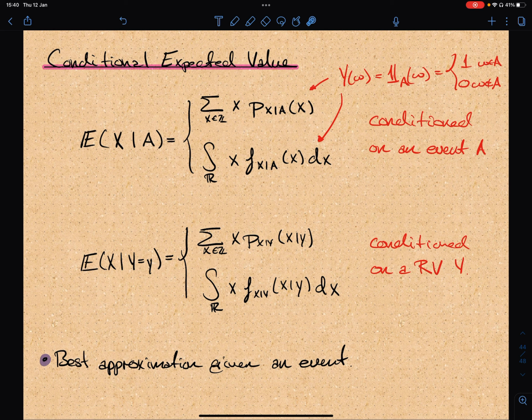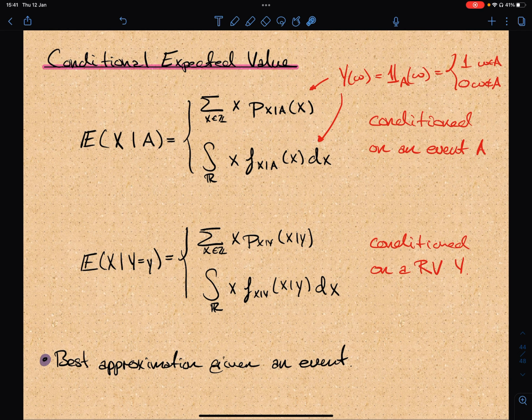We're not conditioning anything, and in that case, the best approximation of a random variable X is just going to be the weighted average. For conditional expected value, approximating given an event, if we're given different values of y here, then our best approximation is going to be different.